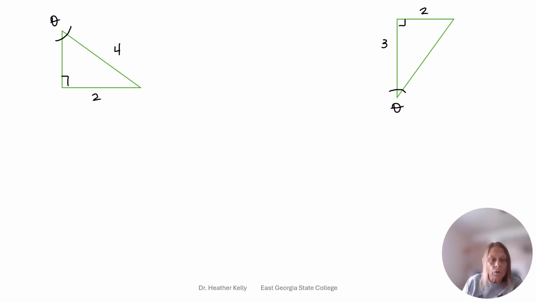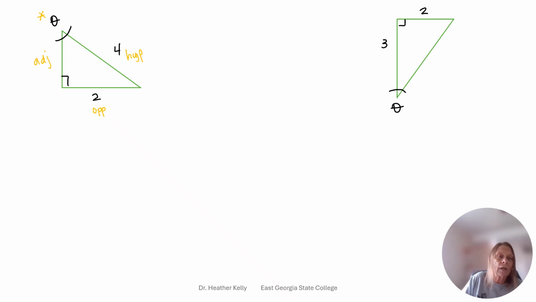Okay, so we'll look at this guy here on the left. Our theta, notice, is up here in the corner. That makes this opposite, this adjacent, and this is always going to be the hypotenuse. Okay, it's super important, especially early in the days when you're starting to work on this, that you label everything. All right.